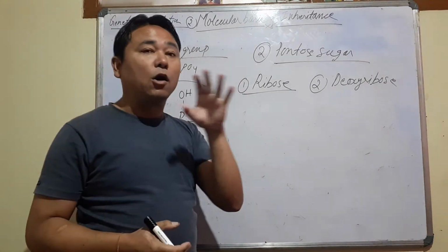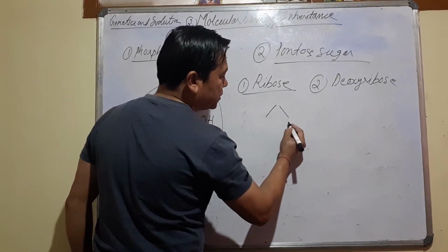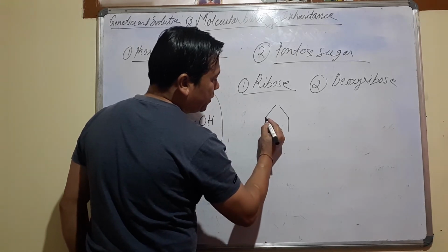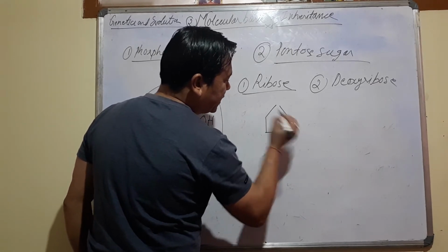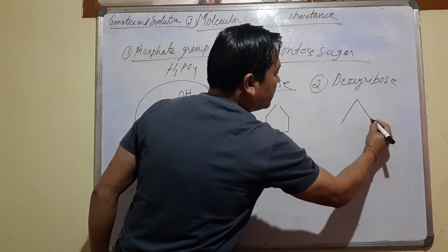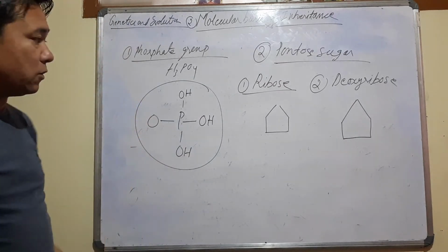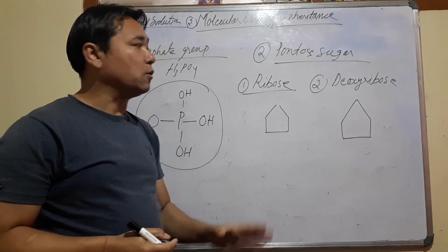Pentose भन्नुको मतलब there how many sides are there? 5 sides. Okay. One side, 2, 3, 4, 5. Yes or no? So pentose sugar, pentose भन्नुको 5 वटा साइड हो नि त.